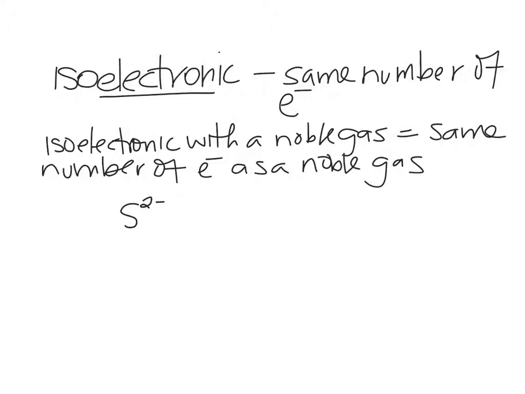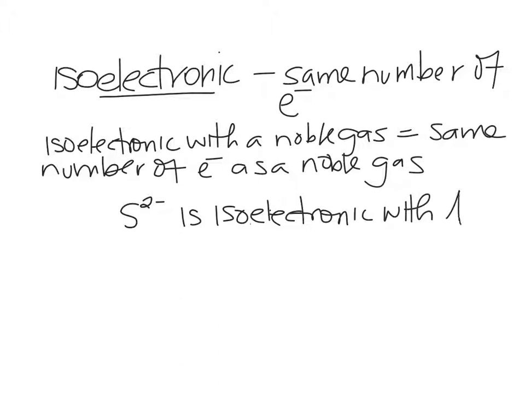Where does your finger end up? Argon. Argon. So sulfide is isoelectronic with argon.